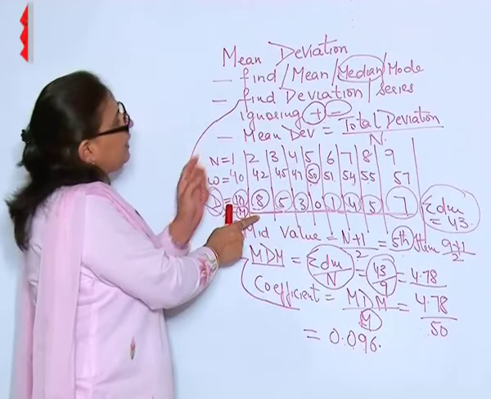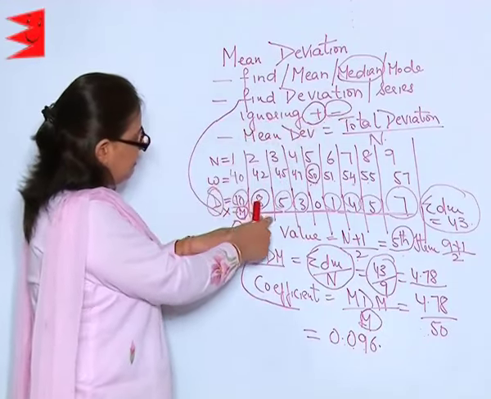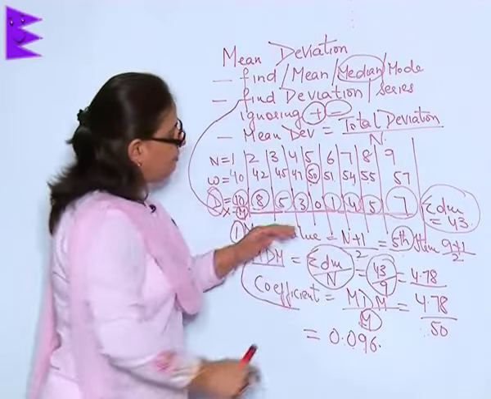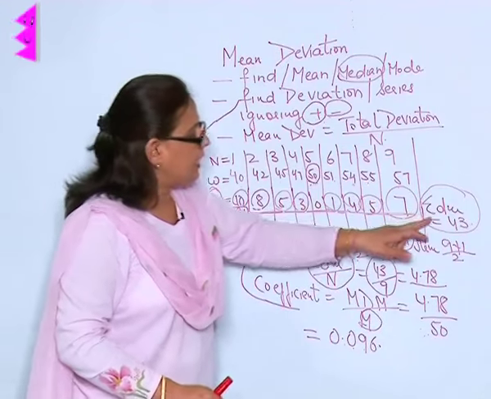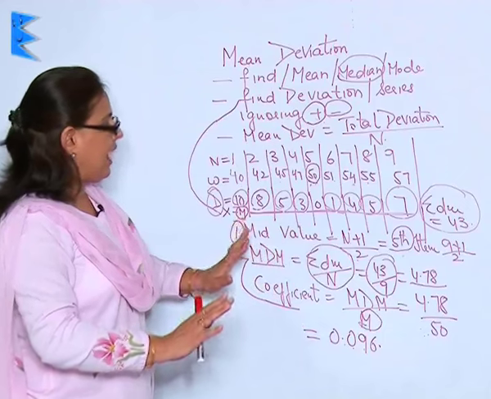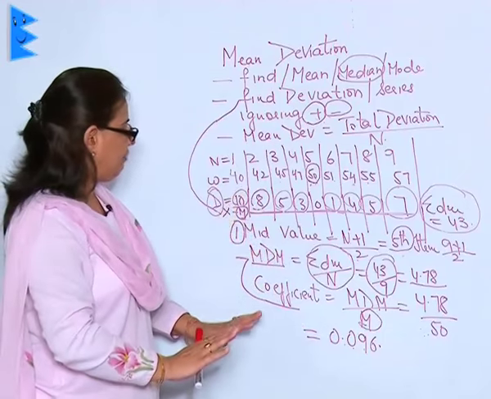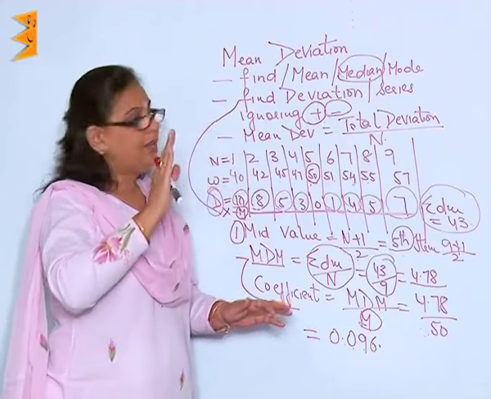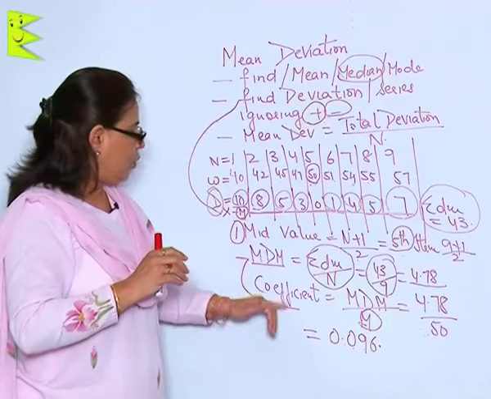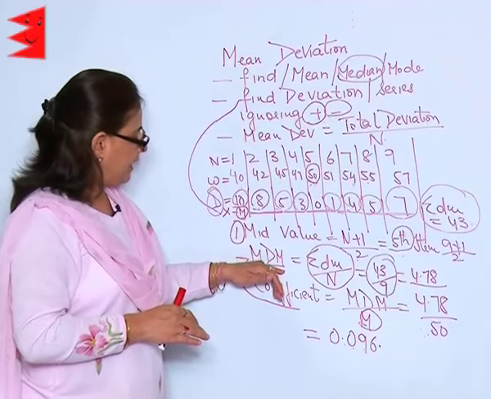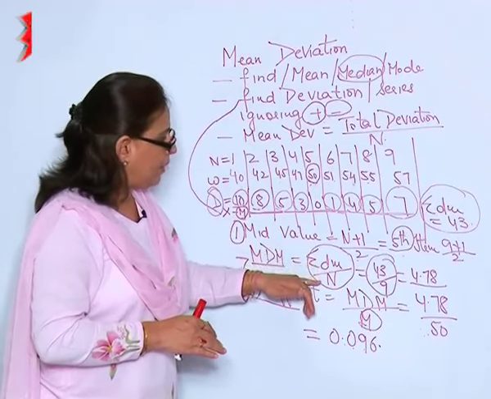So by ignoring both the positive and the negative signs, the deviation that I derived was this, and when I added up, this gave me sigma DM, which means 43. So I already have all that is required to find out the mean deviation through median and the coefficient of mean deviation median. So mean deviation median is sigma DM upon n.